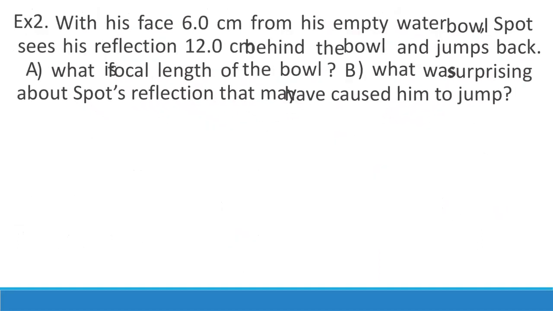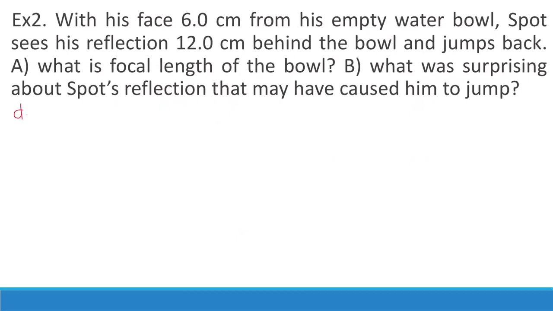We are given in this problem the distance of the object equal to 6.0 centimeters. The distance of the image is equal to negative 12.0 centimeters. Then we are required to find f and the reason why Spot jumps up.